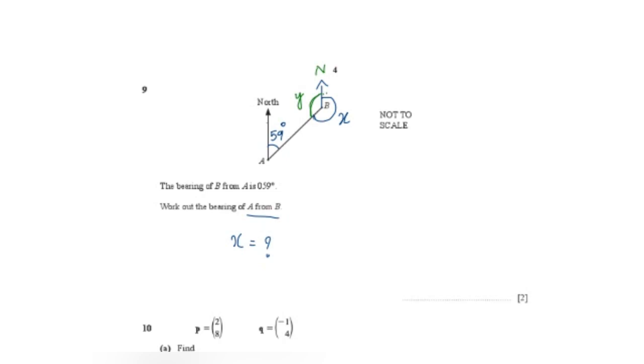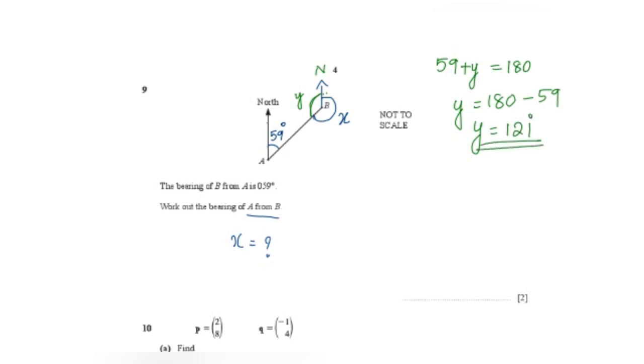We have studied that interior angles which are on the same side of the transversal add up to 180 degrees. So using this, we can write 59 plus y is 180 degrees. Thus, y will be equal to 180 minus 59. The answer comes as 121 degrees.